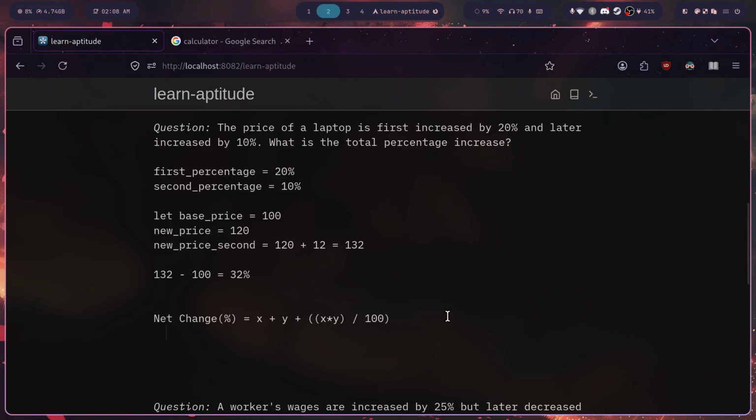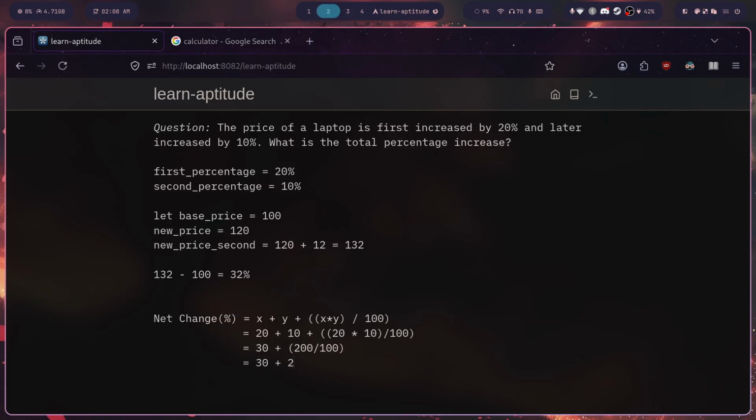If we substitute the values, x is 20, plus 10, plus 20 into 10 divided by 100. This results in 30 plus 200 divided by 100, which is 30 plus 2. So the net answer is 32%. The net change percent was 32%.